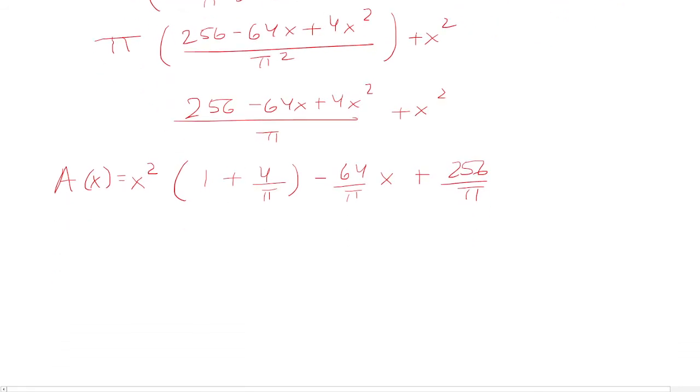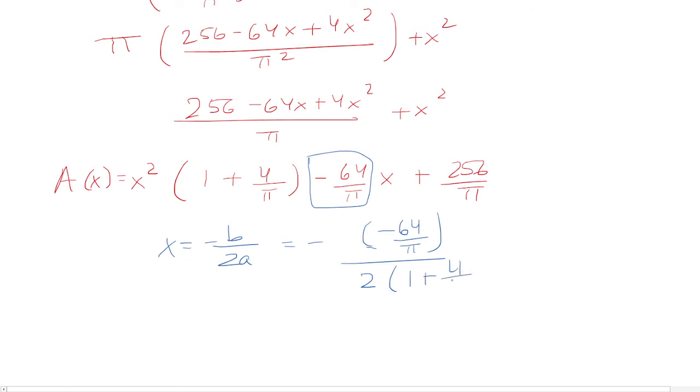In order to minimize this, I want to use the trick that x is going to be the opposite of b over 2a. In this case, b is going to be the coefficient of x, and then a is just going to be 1 plus 4 over pi. The two negatives will make it positive, so that's 64 over pi.